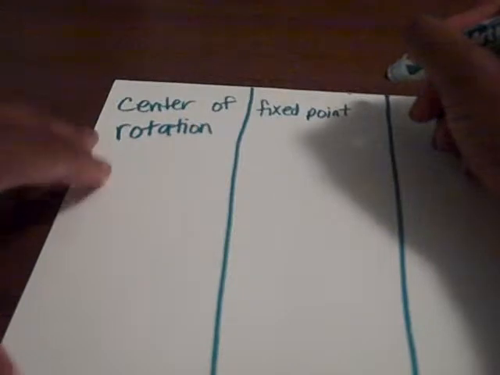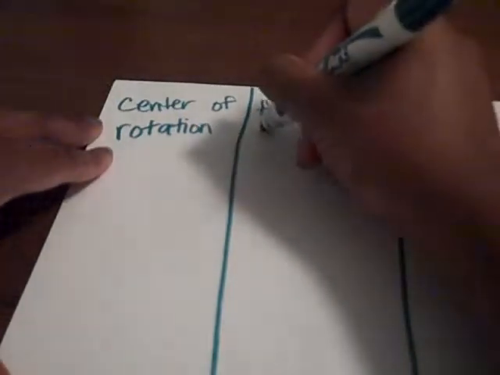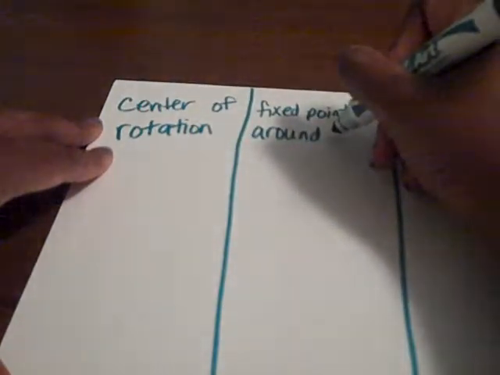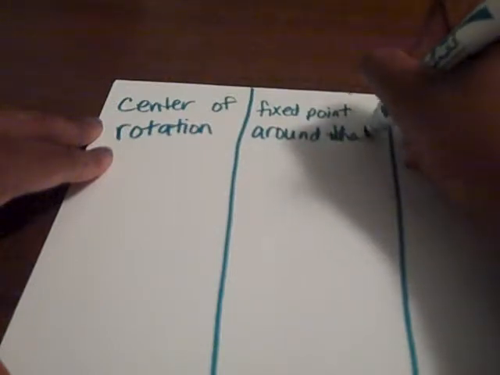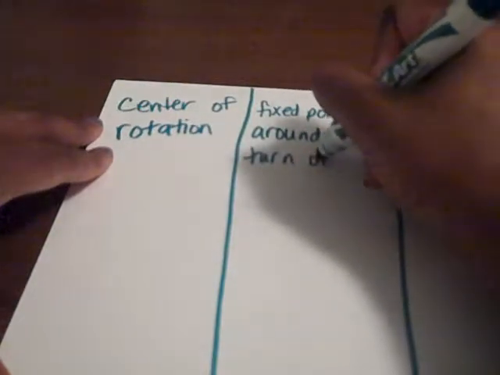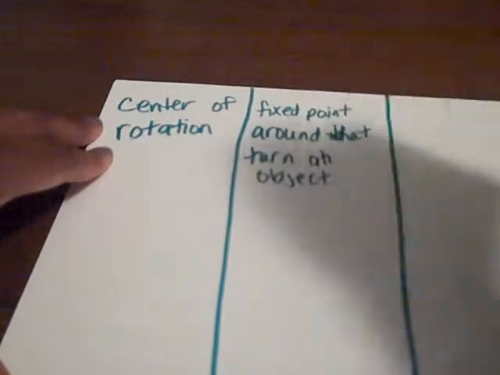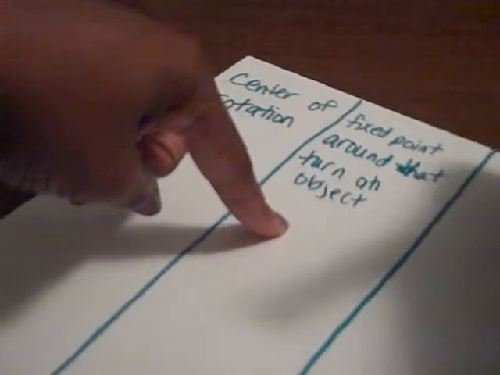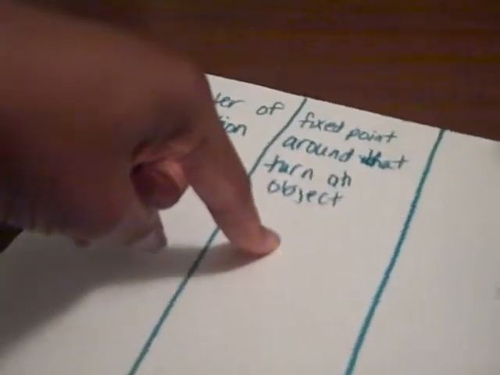It's not going to move. So a center of rotation is that center point around that you turn an object. So here that means that I would place my finger down and then rotate. Where my finger is, that is my center of rotation.